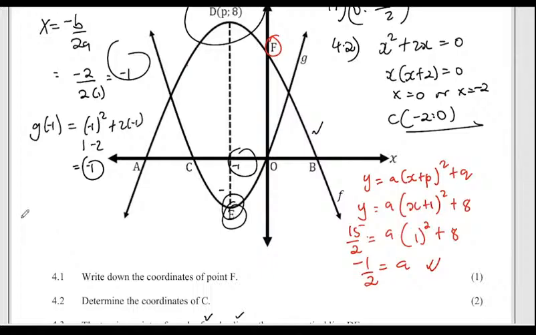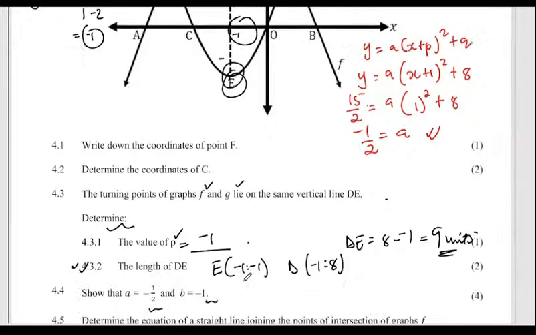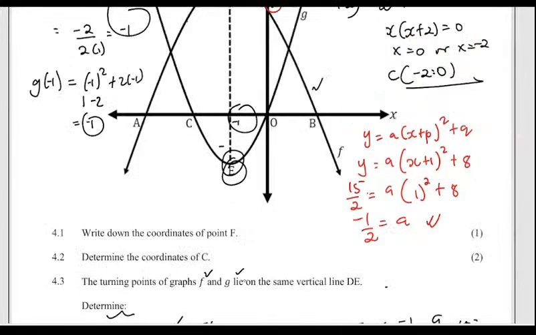So if that is true, we need to get the value of b. We need to show that b is negative 1. So I'm going to substitute this into the original and have negative 1/2 into x squared plus 2x plus 1, and then plus 8.